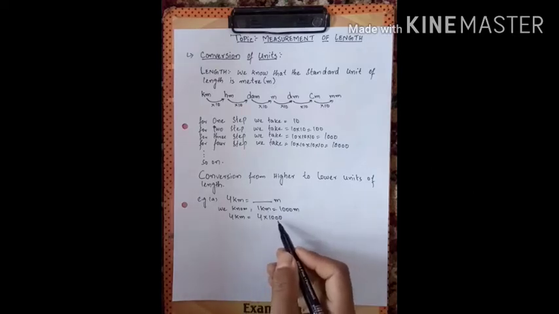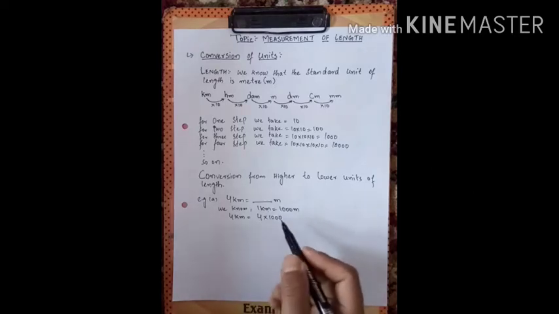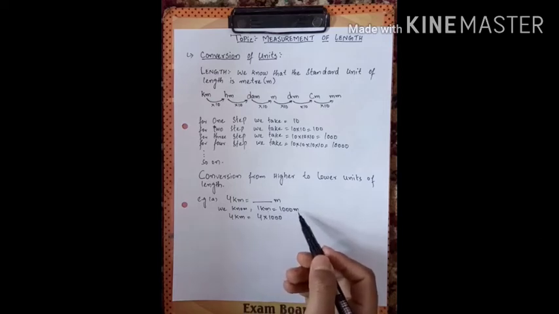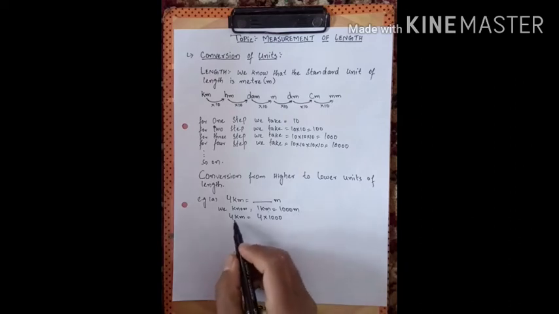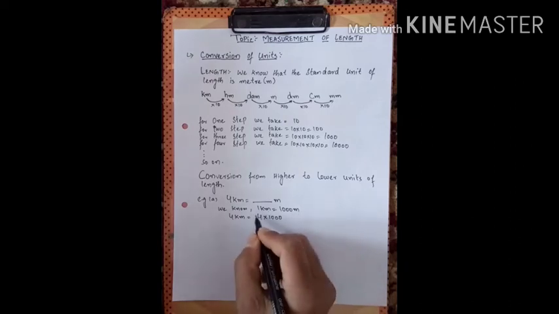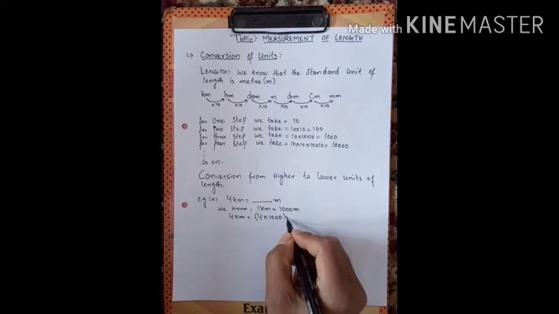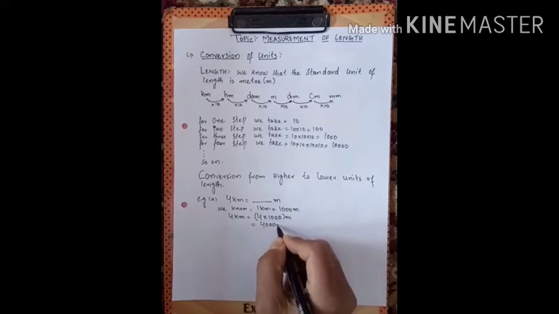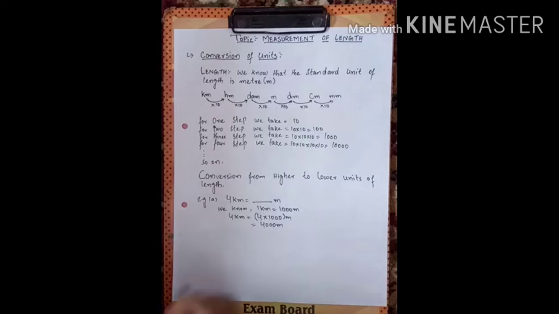Why do I multiply 1000 with 4? Because 1 kilometer is equal to 1000 meter. So 4 kilometer is equal to 4 into 1000 meter, which is equal to 4000 meter. Okay.